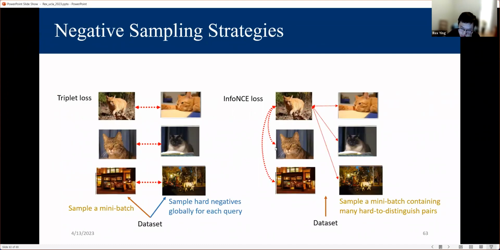Some of the previous approaches have shown that. Info-NCE, in contrast to triplet loss, which people have also used before, does in-batch sampling, which means that given a data set, it samples a mini batch, and within the mini batch, it tries to find those hard negative examples, right?